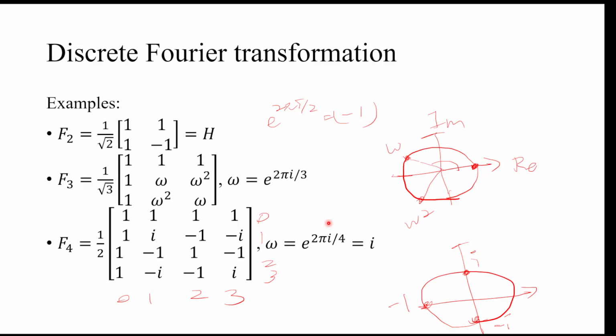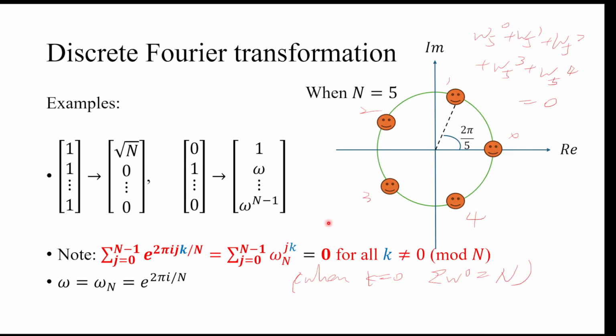Okay. And because we have this nice property, also a bit of notation, we will write omega as a shorthand for omega sub n, which means e to the 2 pi i divided by n.